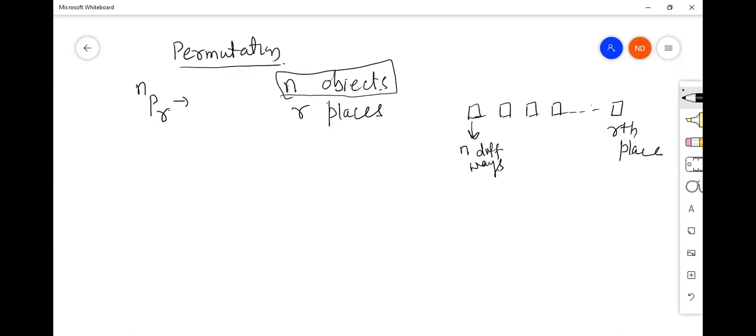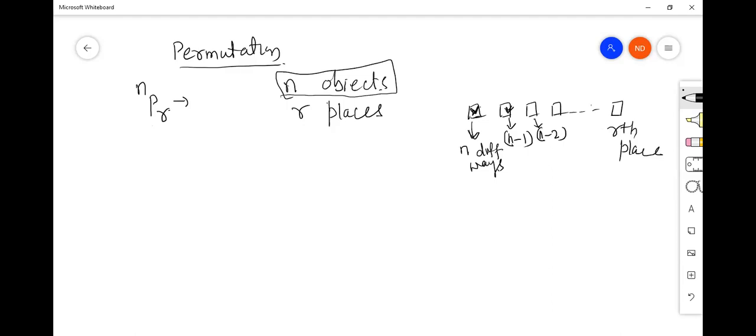Now you are keeping one object, so you are left with n minus 1 objects. For the second place, you have a choice of placing any one of the n minus 1 objects. Then you are left with n minus 2, so here you have n minus 2 ways of putting the objects.